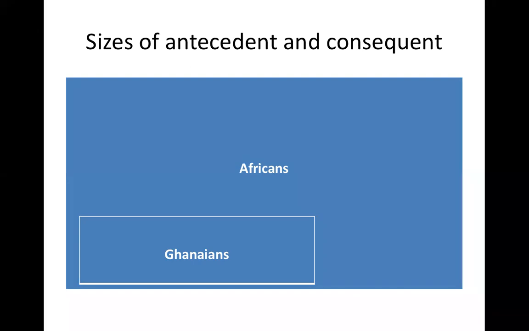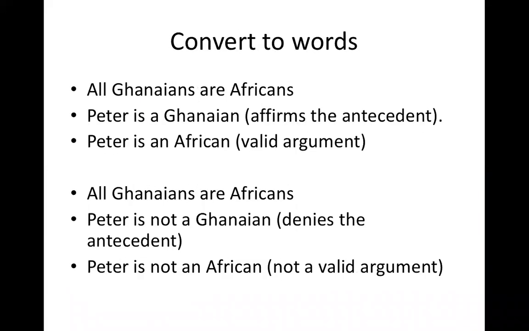Okay, so the consequent is normally a larger class of items compared to the antecedent. Whenever you say that all A's are B's, it implies that B's is a logically larger class of items compared to A. Now let's go back to the technicality.